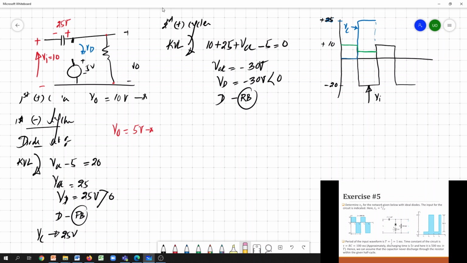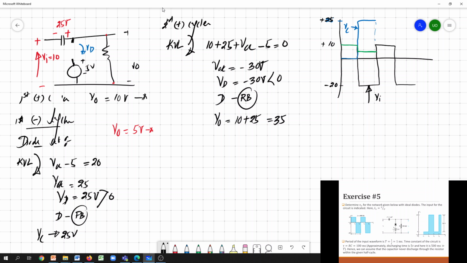So if it is reverse, we can simply replace the diode with an open circuit element. Okay. Now we'll see what's the output voltage. So this is open, so V out would be simply 10 plus 25. So the 10 volt is the input voltage and 25 is the stored voltage inside the capacitor, which is altogether 35.